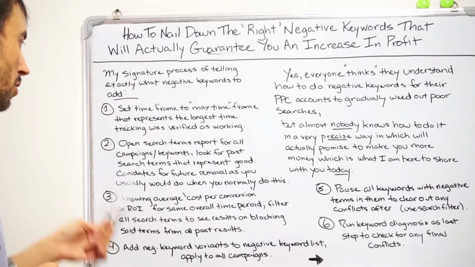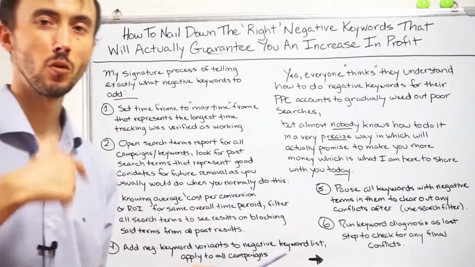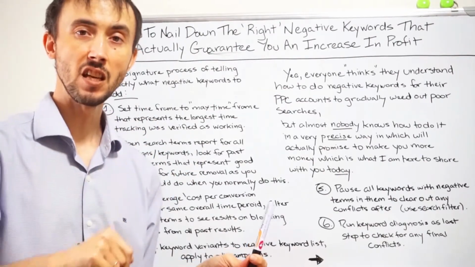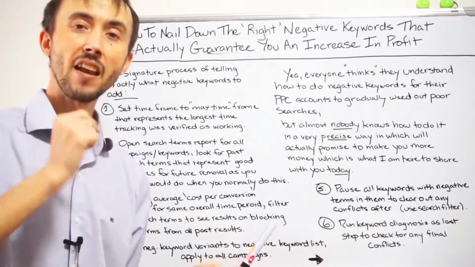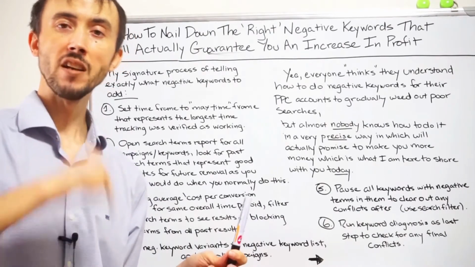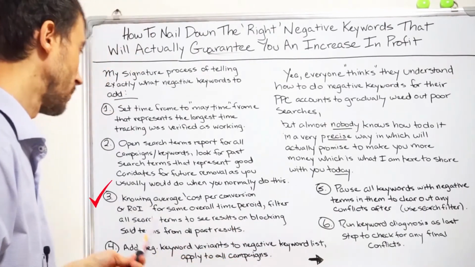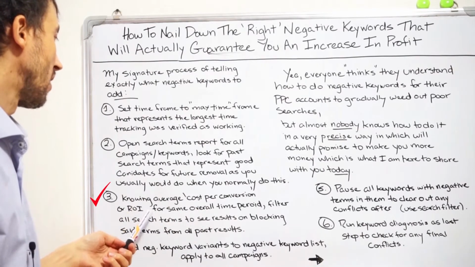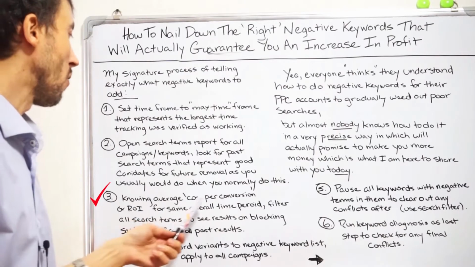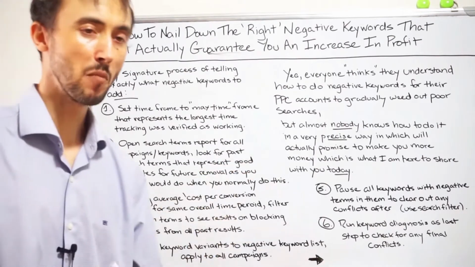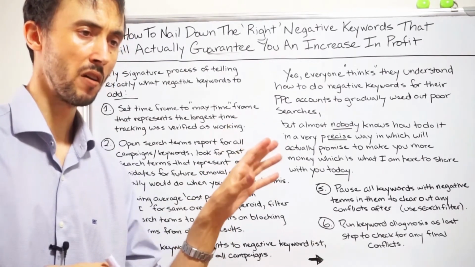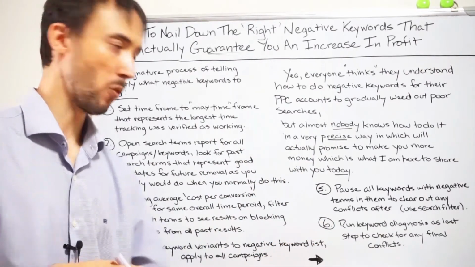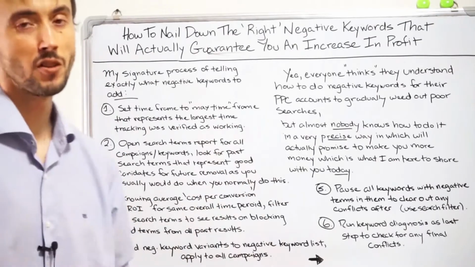So respectively though, this is where we get into the actual method here. What makes what I'm doing here different, and guarantees you're adding the right things and adding everything you can to get the most out of what negative keywords can provide for you. So know your average cost per conversion, or ROI, for the overall time period, because at the bottom of the search terms report screen, it'll tell you what your cost per conversion was overall between all search terms.